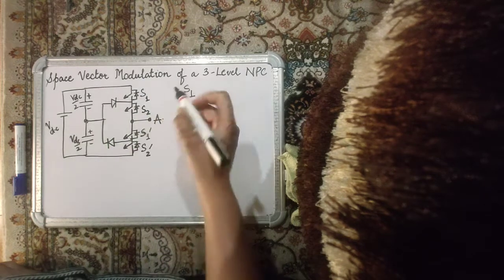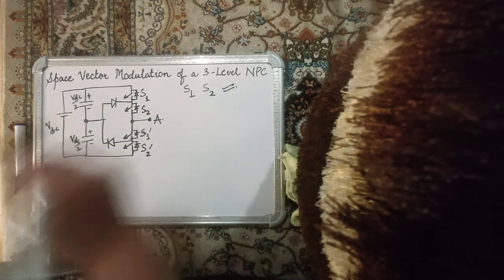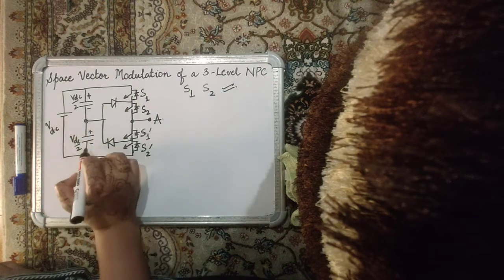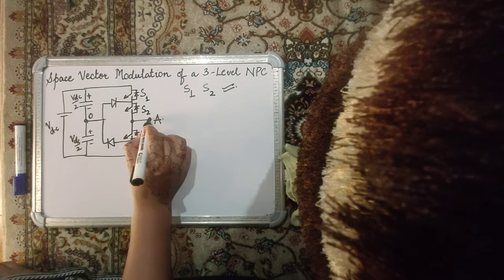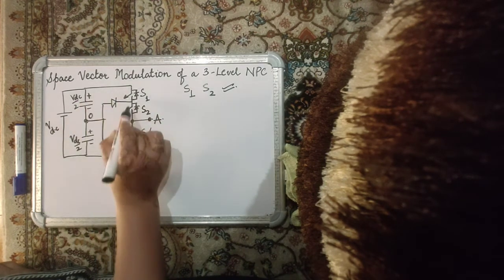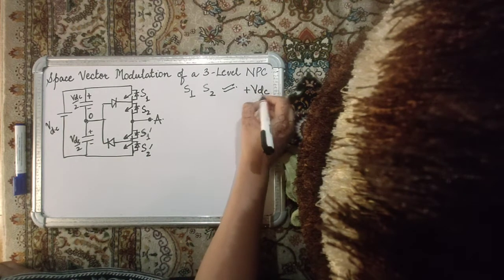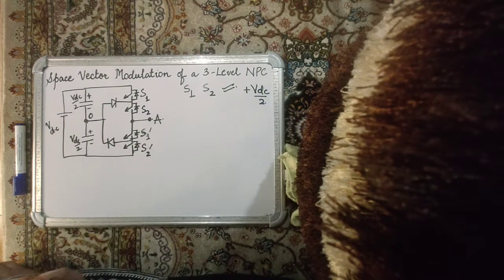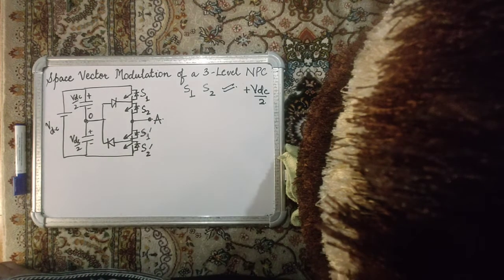The first switching state is when both S1 and S2 are on. Both of them are on, which means that the phase voltage with respect to the pole is simply equal to plus VDC by 2. The other state is when S2 and S1 dash are both conducting, that is, the middle 2 devices are conducting.